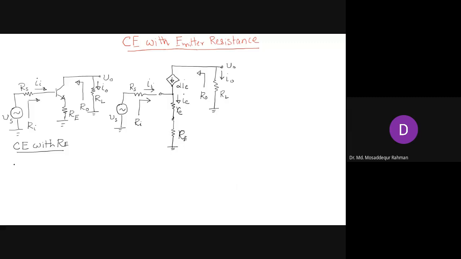So we write the expression for Ri, which was beta plus 1 times small re plus capital RE, and that we expressed as R pi plus beta plus 1 RE.